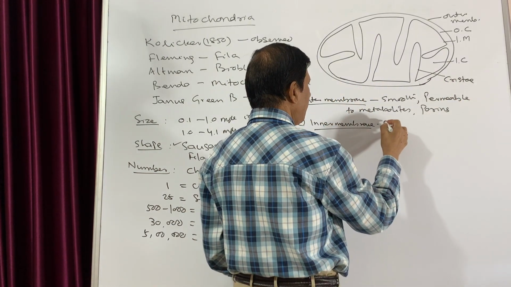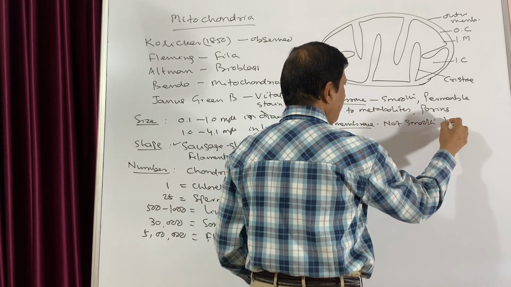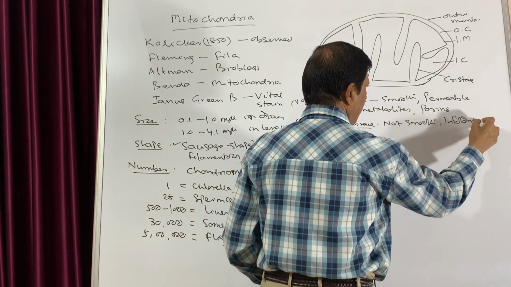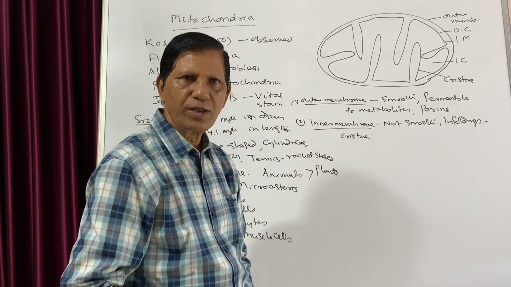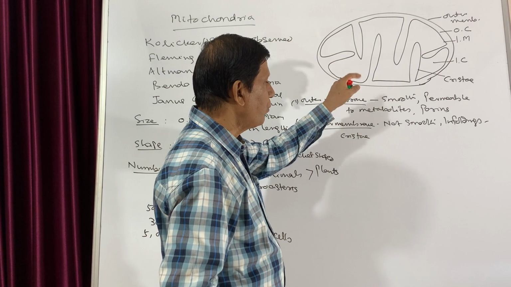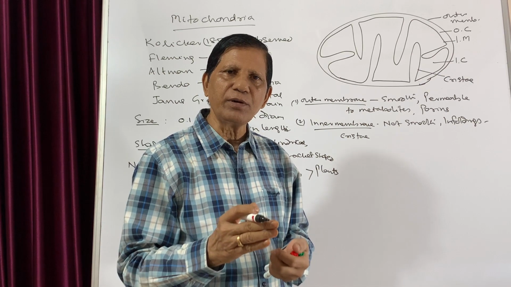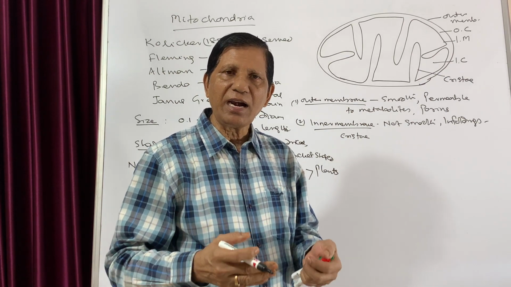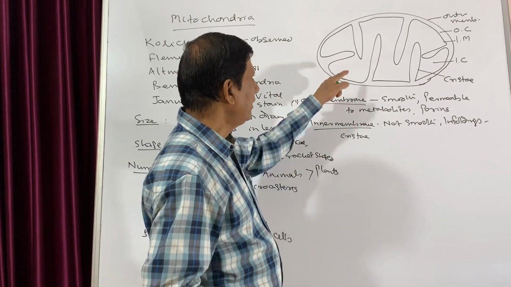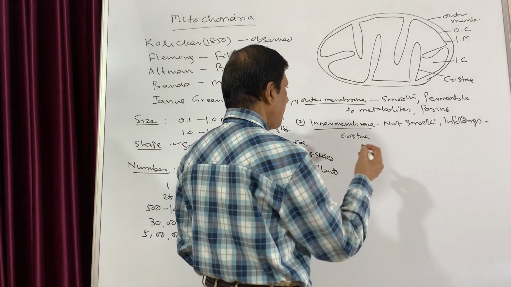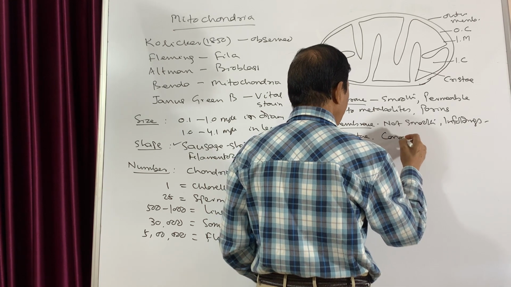Whether there are more or fewer cristae depends upon how active the mitochondria is and how much energy it is producing. If it produces more energy, then the cristae will be like this, and in that case it is known as the condensed state.